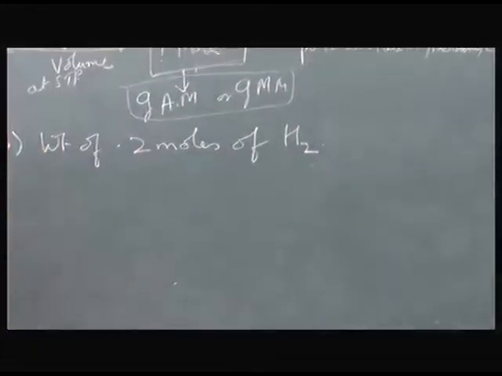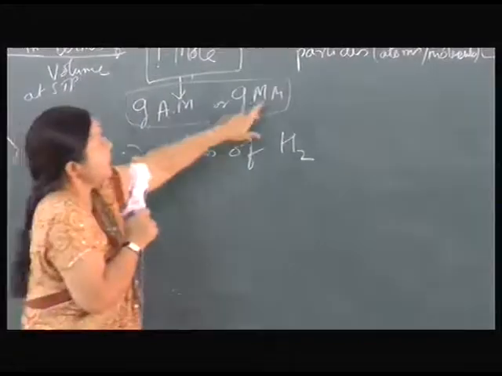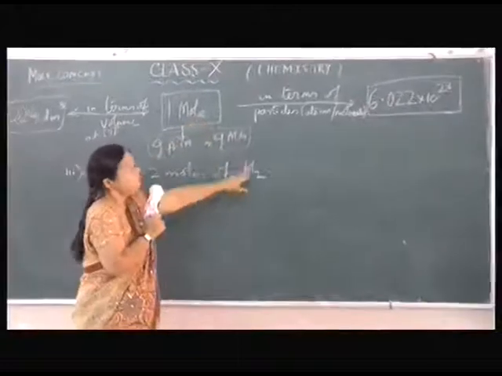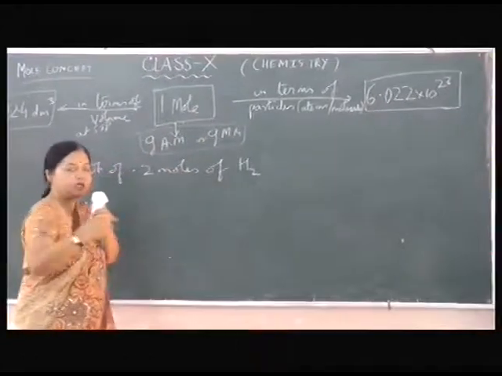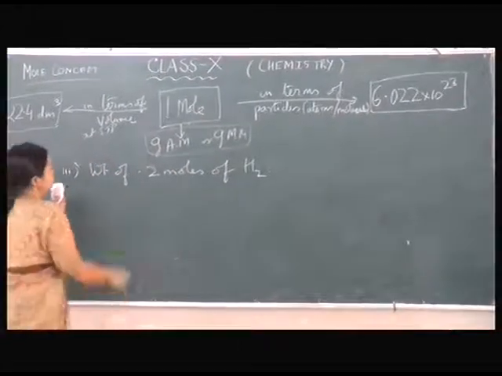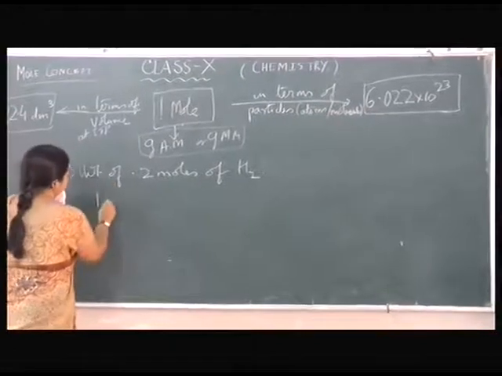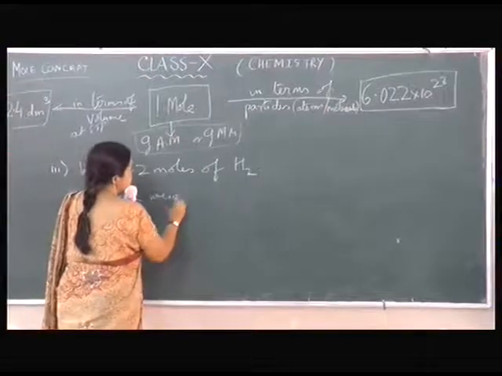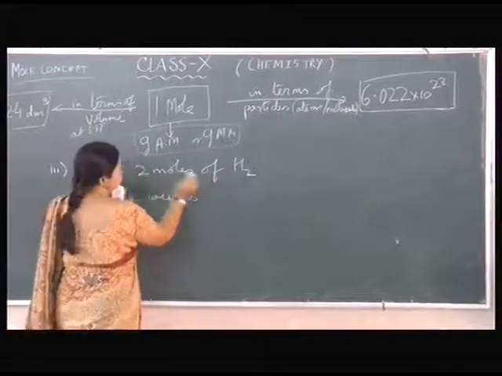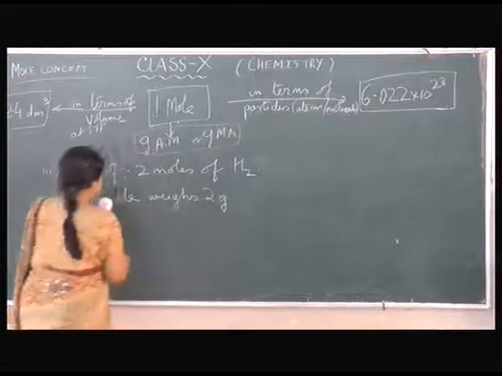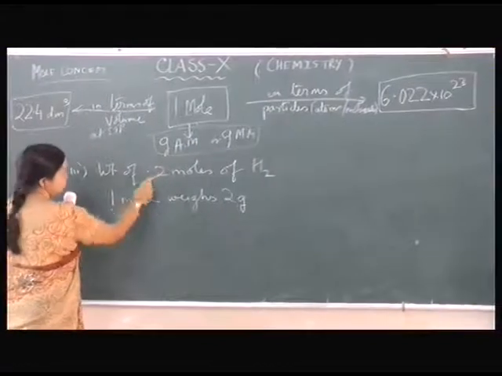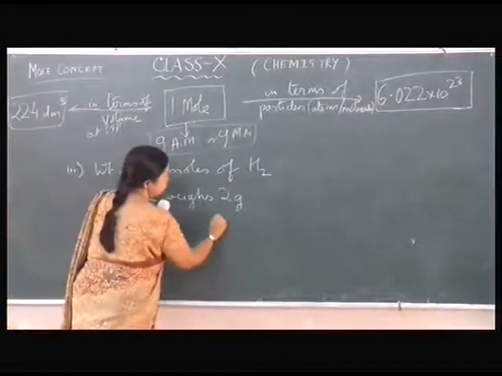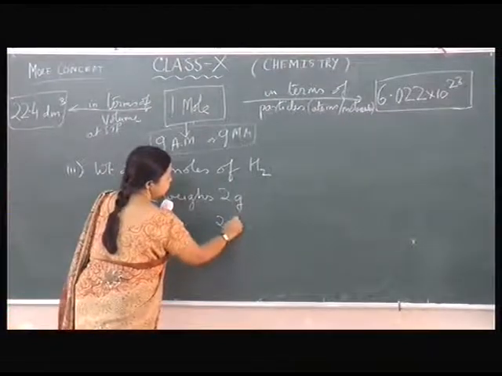So what is the weight of 1 gram mole? What is the molecular mass? H is 1, so H2 will be 2. The weight you have to find. So 1 mole weighs how much? 2 grams. Therefore, 0.2 moles will weigh 2 into 0.2.